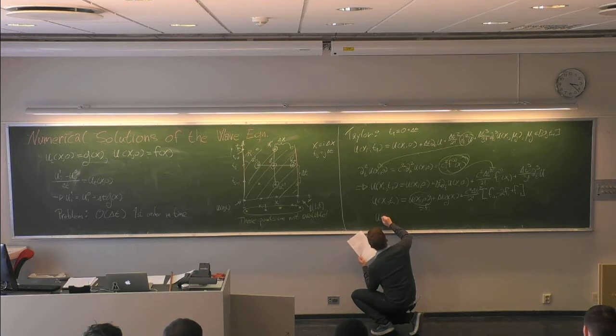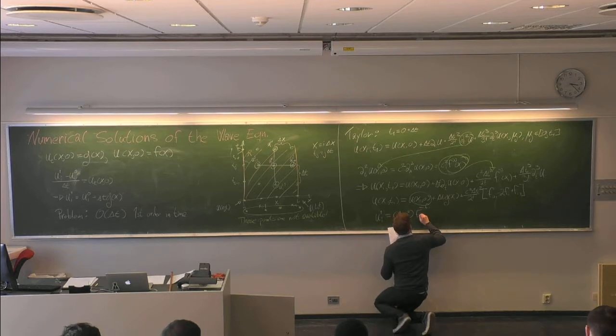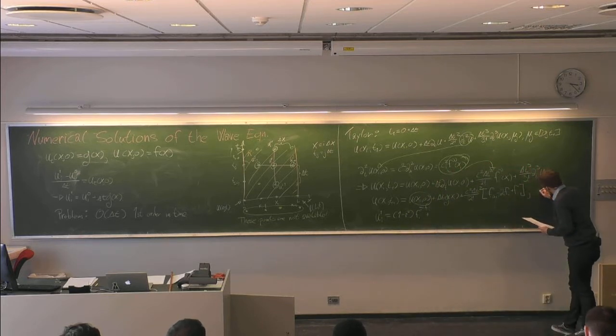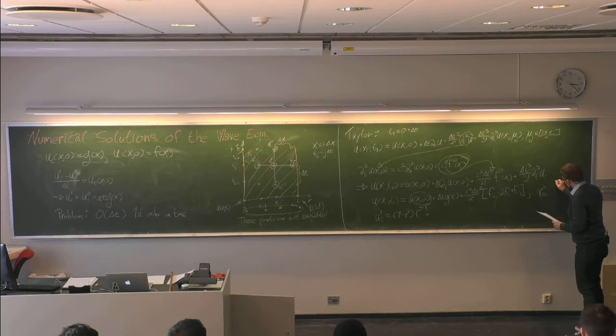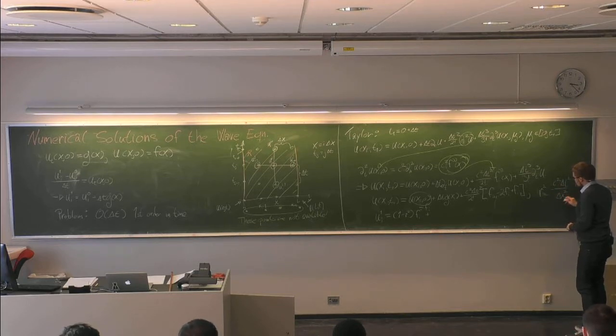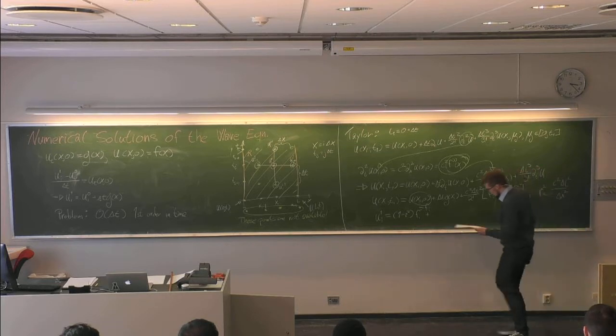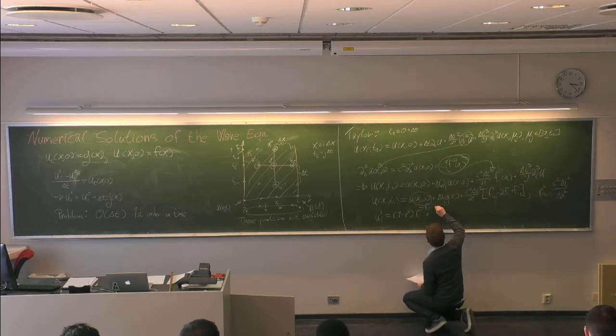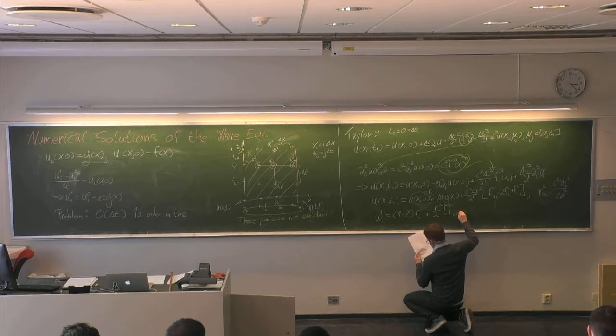Let's see, u of i1 equals minus r squared fi plus, so if you remember how r was defined, r squared is c squared delta t squared over delta x squared, as previously in this lecture, plus squared over 2, because of the 2 factorial there, i plus 1.